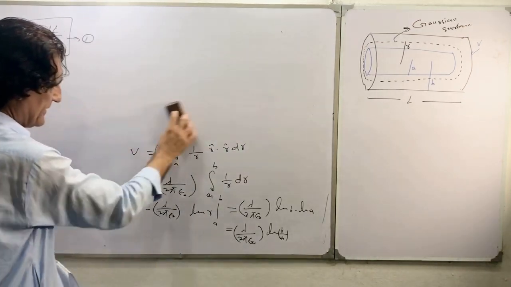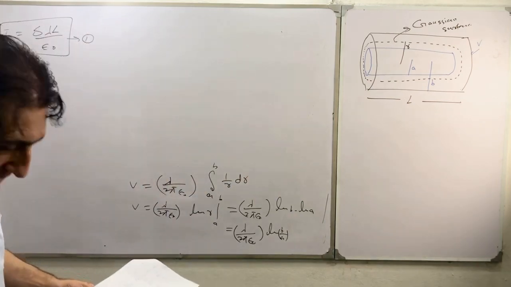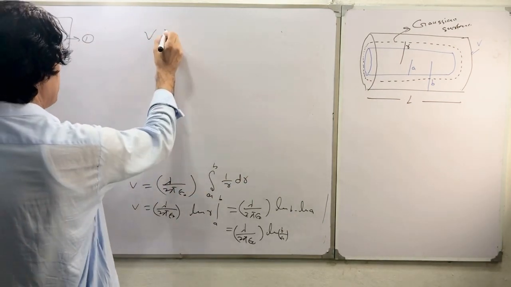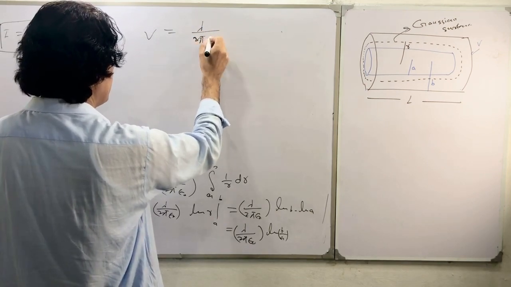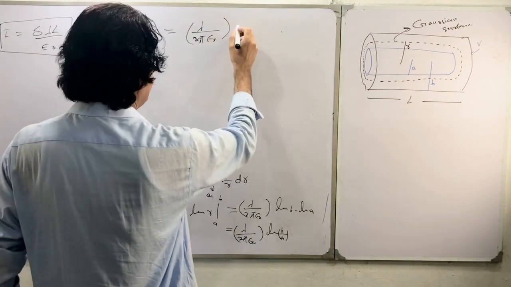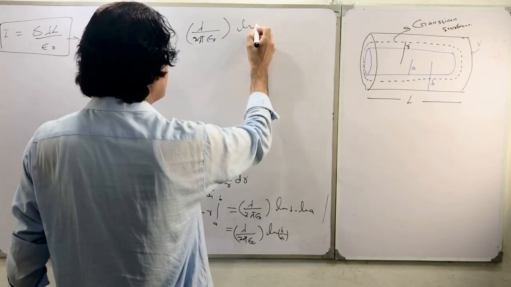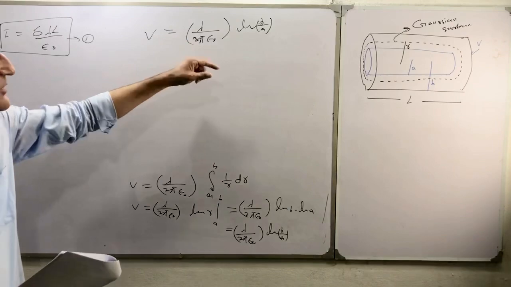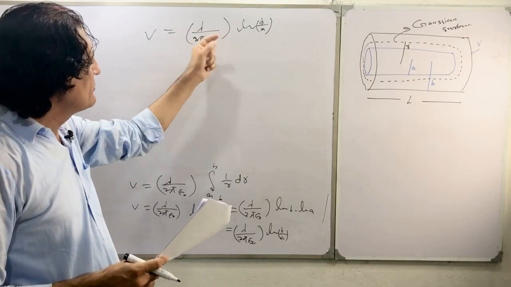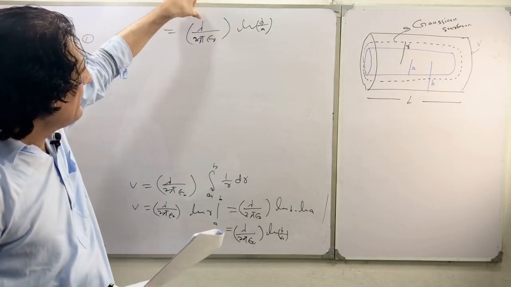So further we can say that V is equal to lambda divided by 2 pi epsilon naught, and log of B divided by A. So from this equation we have to calculate lambda.